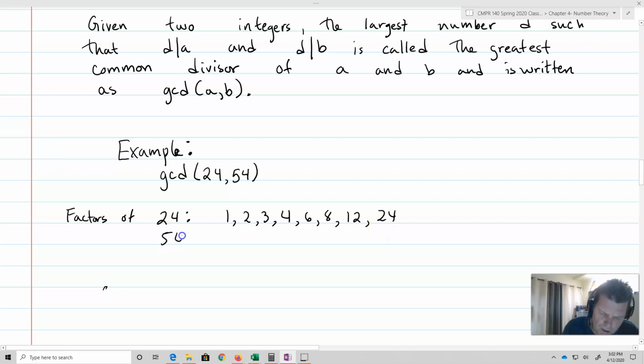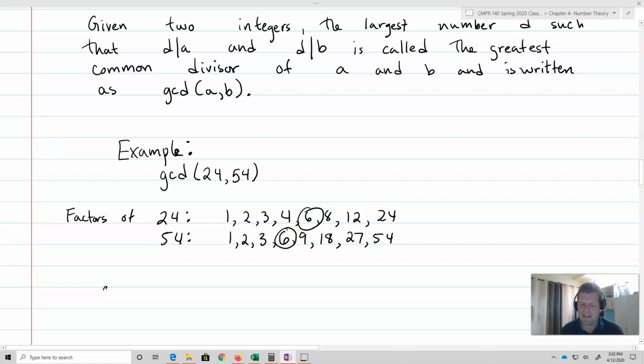The factors of 54 are going to be 1, 2, 3, 6, 9, 18, 27, and finally 54. The greatest common divisor is the biggest one that they have in common, and so the GCD here, if I look, is going to end up being 6. So the GCD of 24 and 54 equals 6.